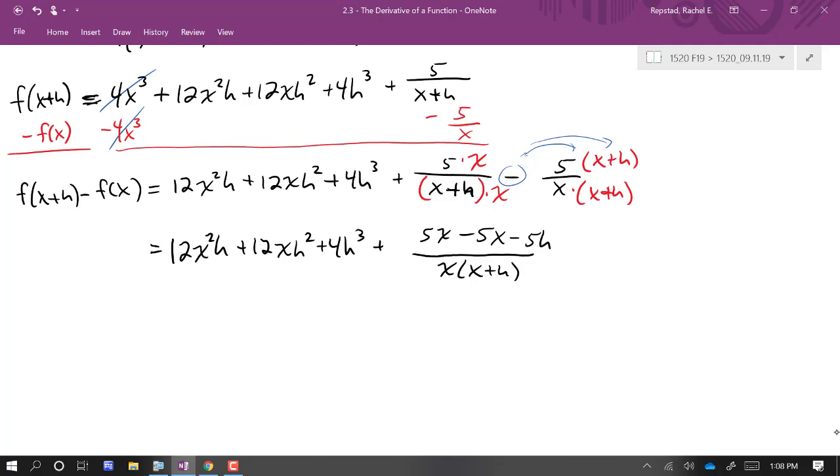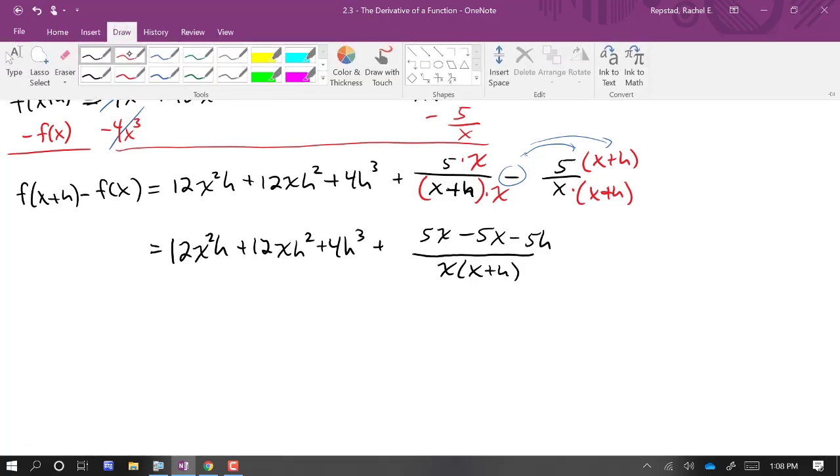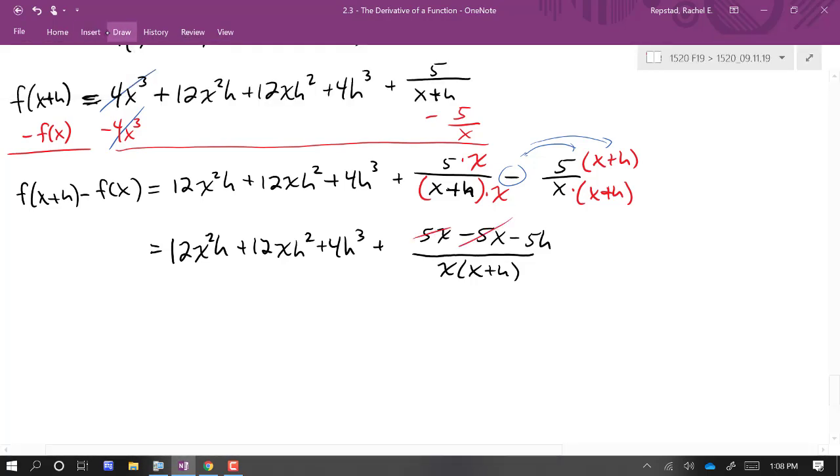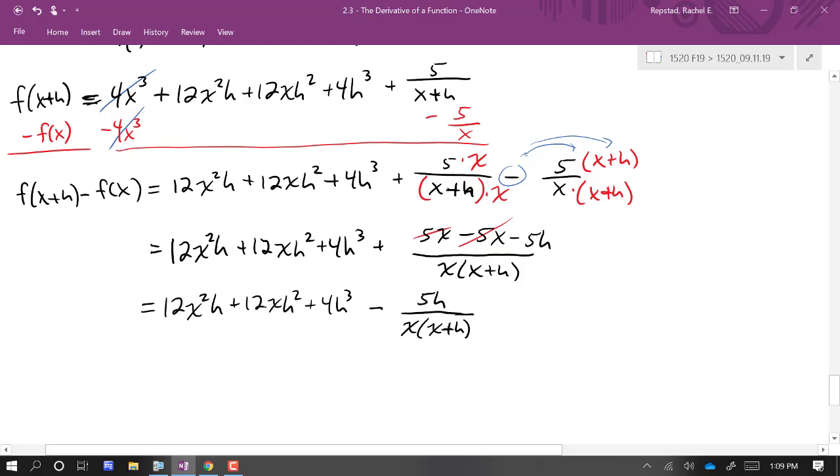Okay. The 5x's cancel there in the top. So we got something that looks like this. I went ahead and wrote that as subtracting that fraction. You could certainly write it as plus negative 5h over x times x plus h.